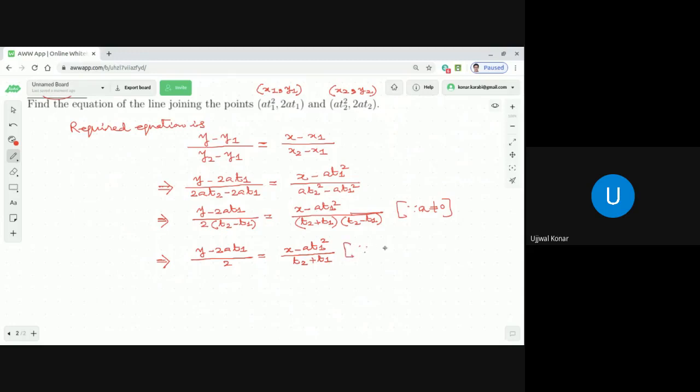You should write this since t2 minus t1 is not equal to 0.